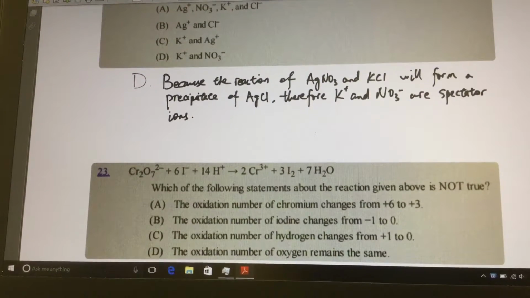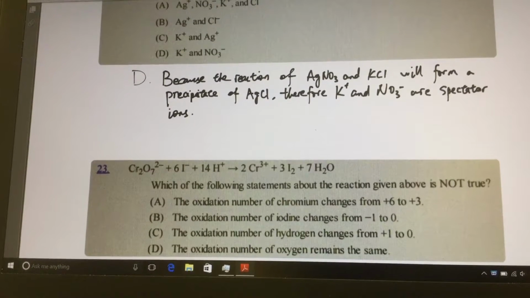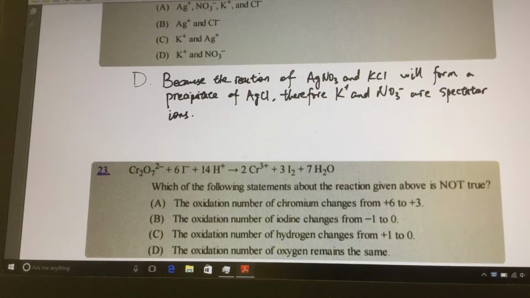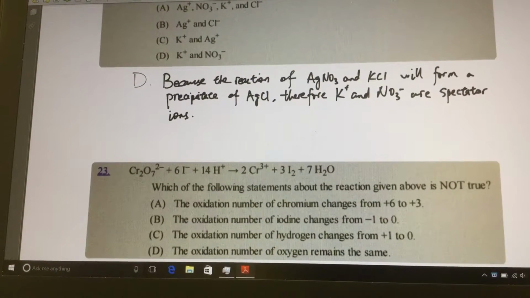So the oxidation number of each chromium is +6. And then it turns to 3+, so the first one is true.